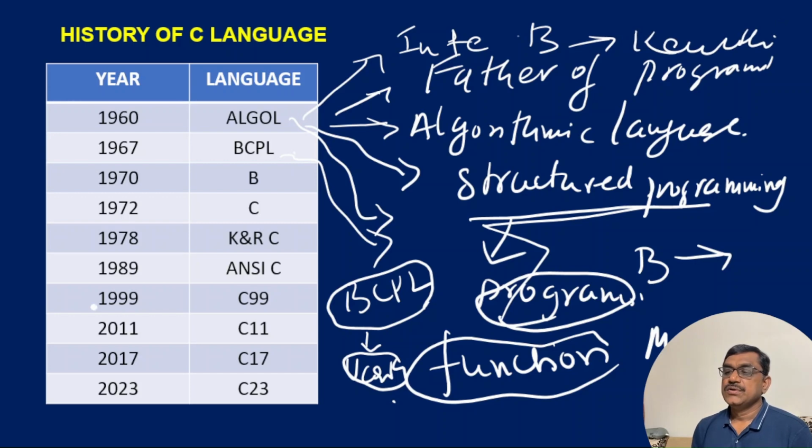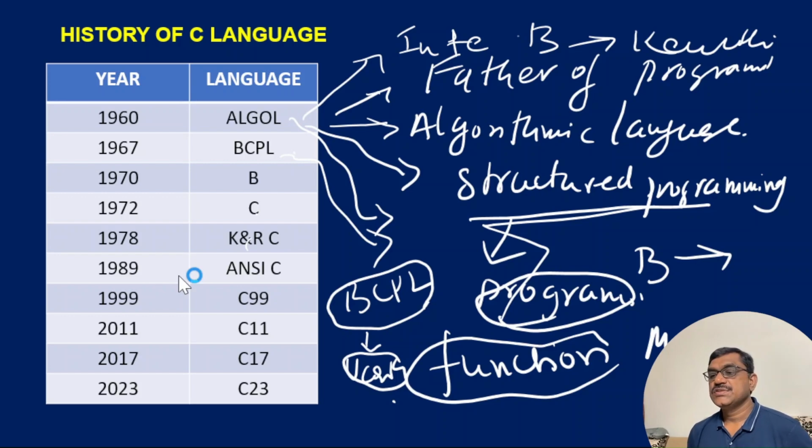After B, again to overcome the challenges, because we still had problems, they developed another programming language, C. Next, they developed Kernighan and Ritchie C, ANSI C, C99, C11, and C17, developed in 2017. The numbers are given based on the year. The latest version of C is C23.